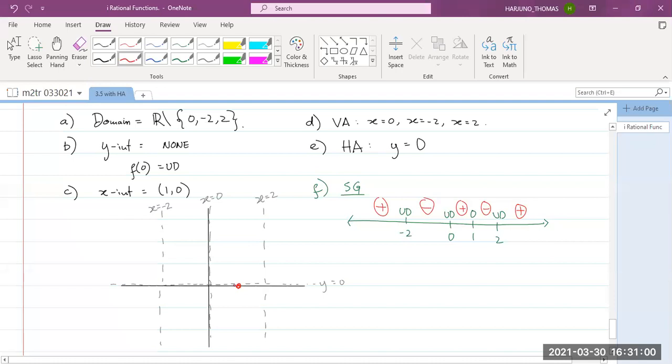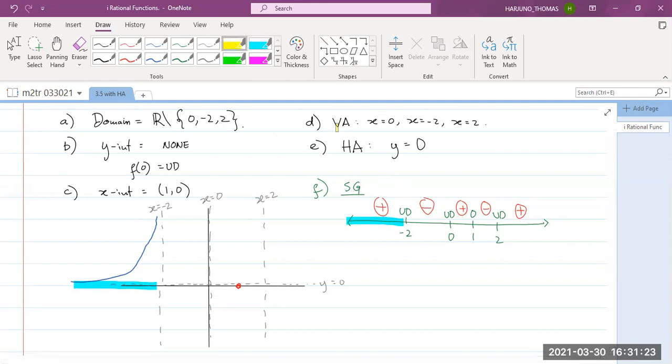And from there, I need to play with the sign graph to know if it is above or below the x-axis. Now, the graph is above the x-axis up to -2, right? Above the x-axis, do you see that? Okay, now between -2 and 0, it is below the x-axis.